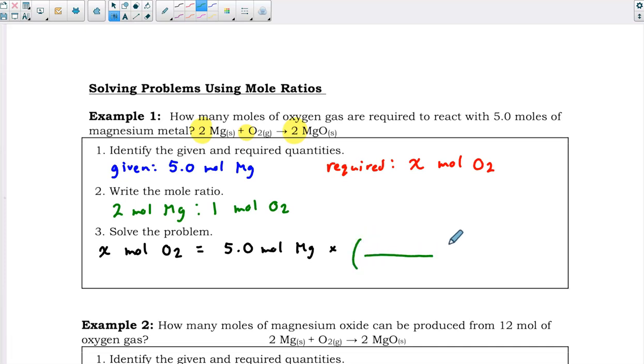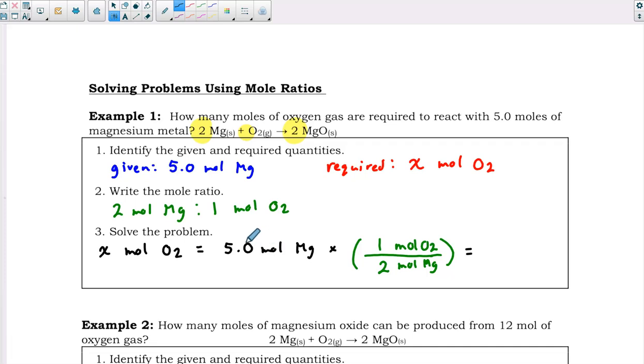How I like to start these is by looking to cancel the moles of magnesium, so that goes on the bottom. We are interested in finding the moles of O2. The values we substitute come from our balanced chemical equation. For the moles of O2, there's an invisible 1. For the moles of magnesium, the coefficient is 2.